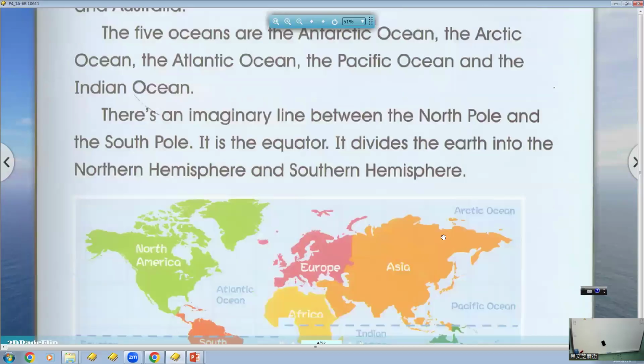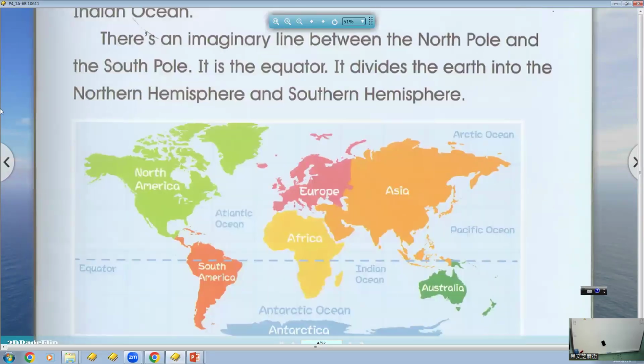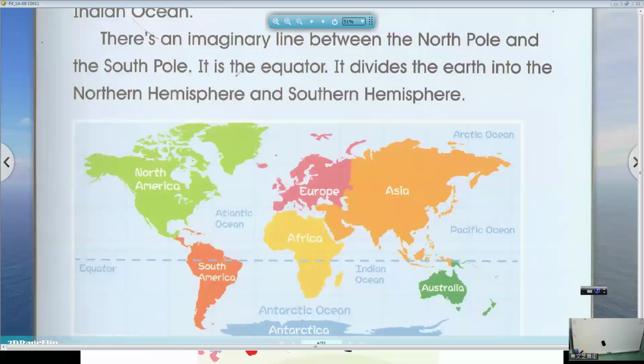Next. There's an imaginary line between the North Pole and the South Pole. Okay, so imaginary line between the North Pole and South Pole. Continue. It is the equator. Okay, equator. What is the equator? That is the imaginary line. Next.